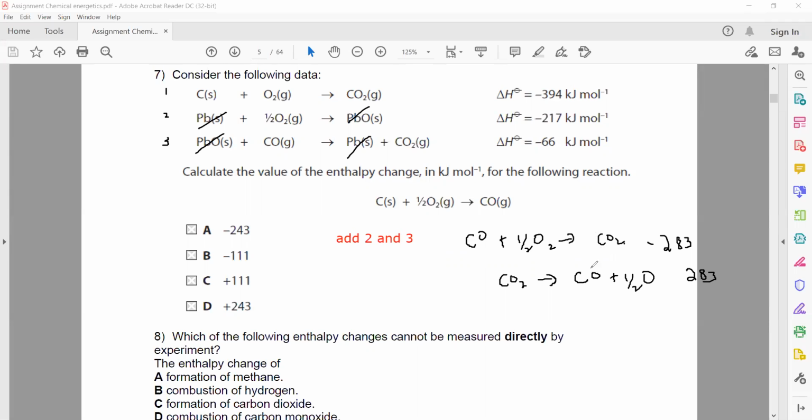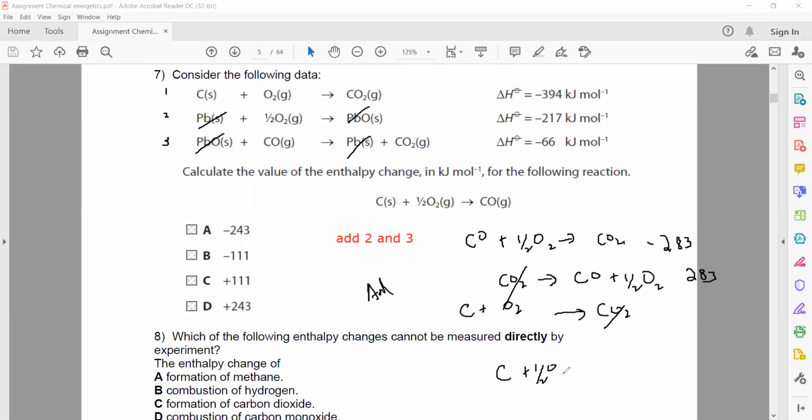So we have this equation, and the first equation was carbon plus oxygen gives carbon dioxide. So when they are on opposite sides, if I add them now, carbon dioxide will cancel with carbon dioxide. So here we have carbon, oxygen minus half oxygen.